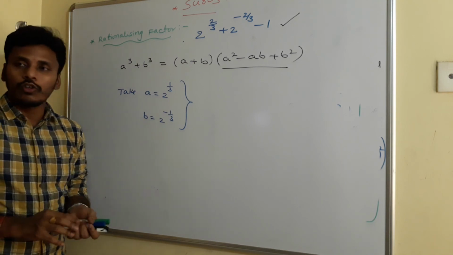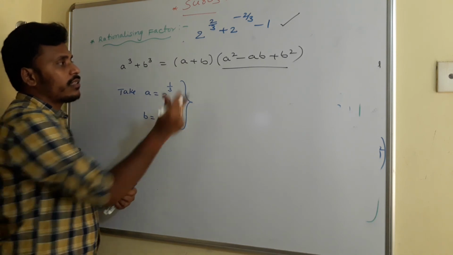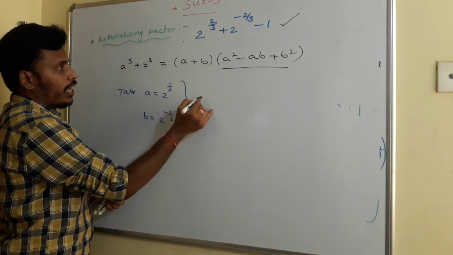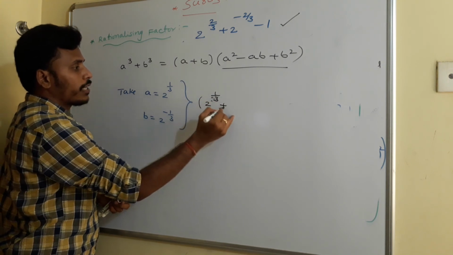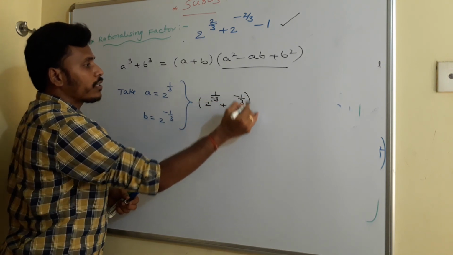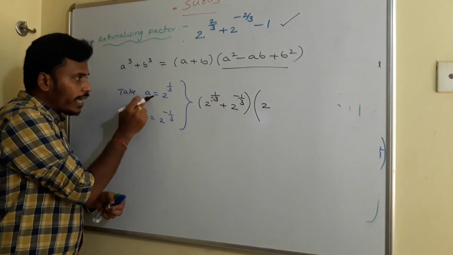If you take a is equal to 2 power 1 by 3 and b is equal to 2 power minus 1 by 3, first I am writing this right side part. a plus b, a is 2 power 1 by 3 plus b is 2 power minus 1 by 3, into a square, square of this. See, look, a is 2 power 1 by 3.